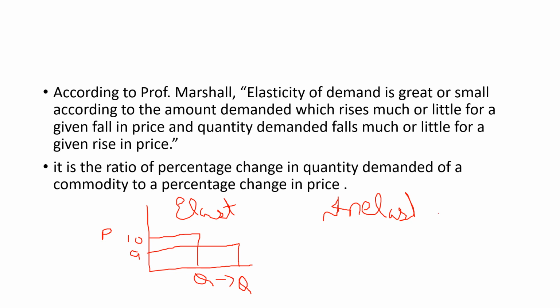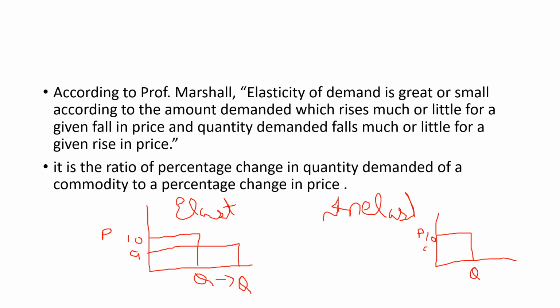So I will show you one diagram. So this is the diagram. Now let's take the same example, but the commodity may be different. For example, petrol or bread. When the price of the bread is 10 rupees, the quantity was this much demand for the product.